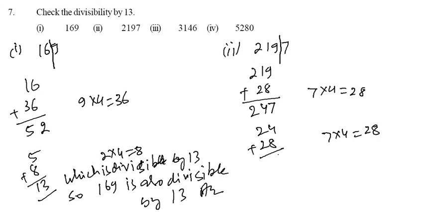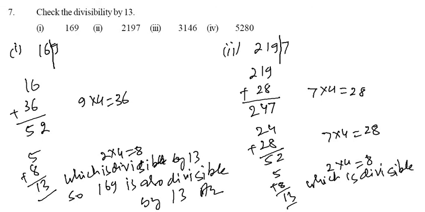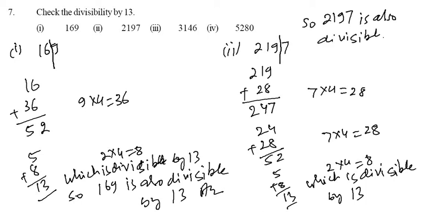Now add them, 8 and 4 is 12, and here 4 and 1 is 5. So further you can say it is 2 into 4, that is 8, and here is 5 and 8, which is 13, which is divisible by 13. So 2197 is also divisible by 13. So that will be your answer.